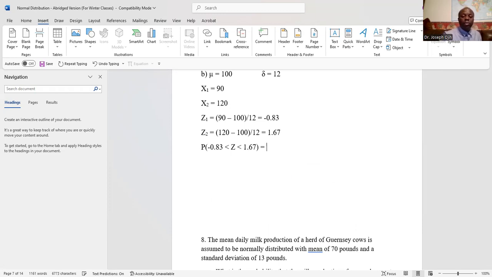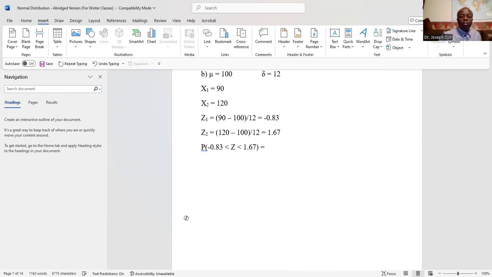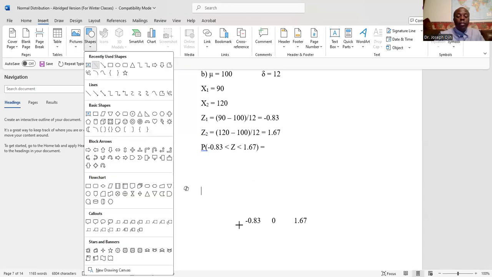To answer this, you need to draw the chart. Here I have negative 0.83 and 1.67. So you can now put the chart in. We'll start with the x-axis part of it.